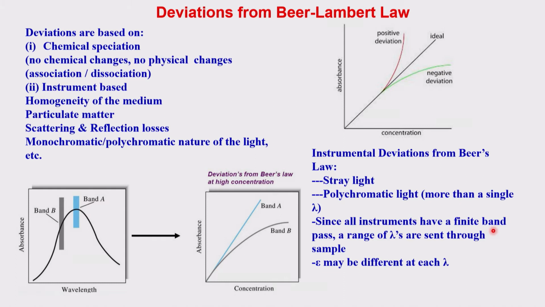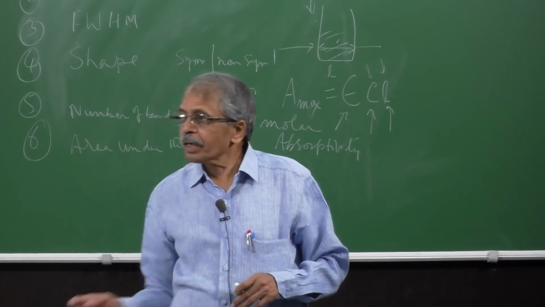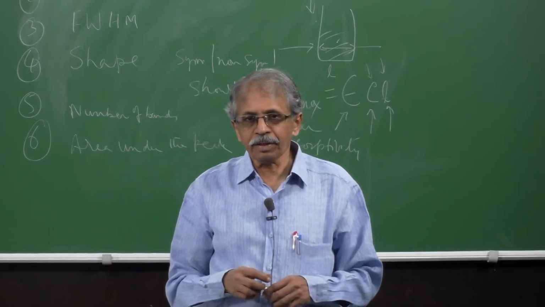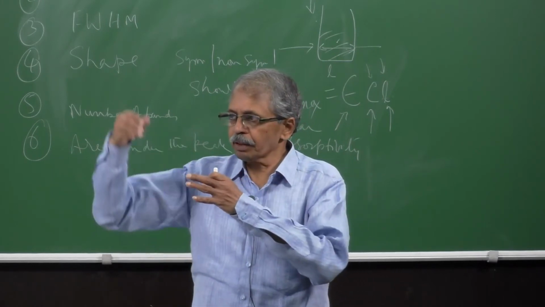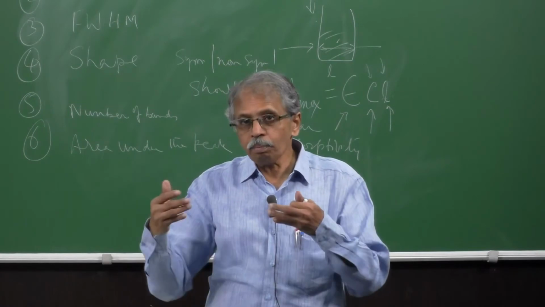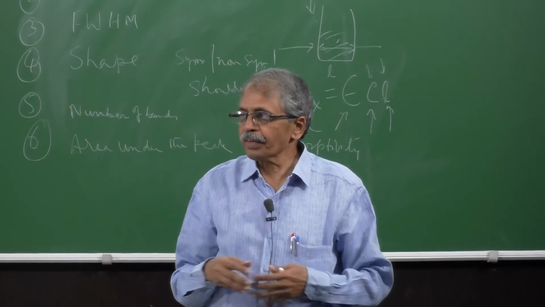There can always be some kind of deviations occurring from the Beer-Lambert law because of something happening. You are going from a compound that is very highly diluted to a little more concentrated. There could be some kind of aggregation, dissociation, association kind of phenomena.